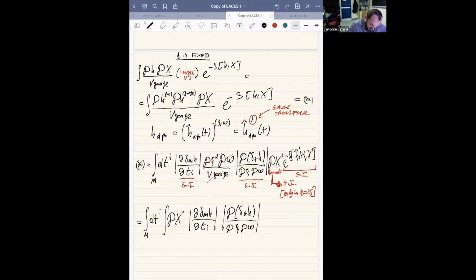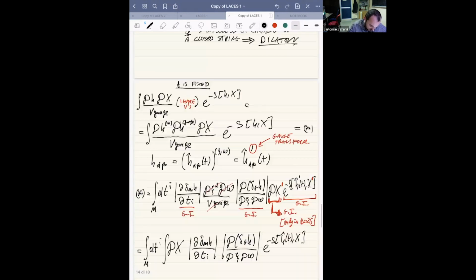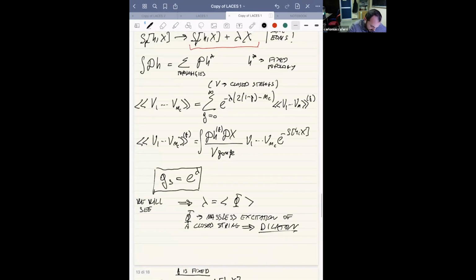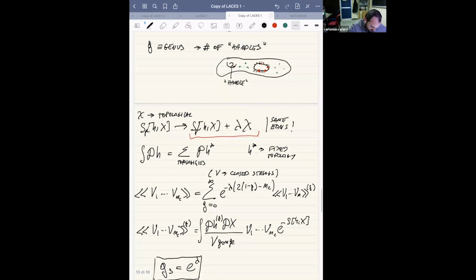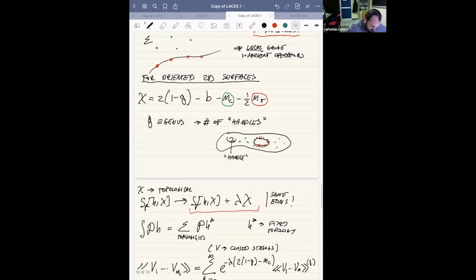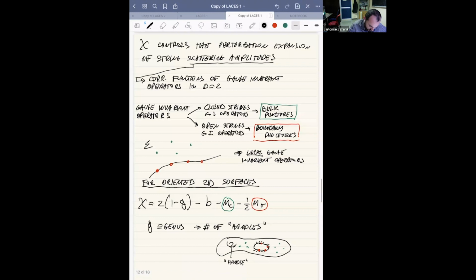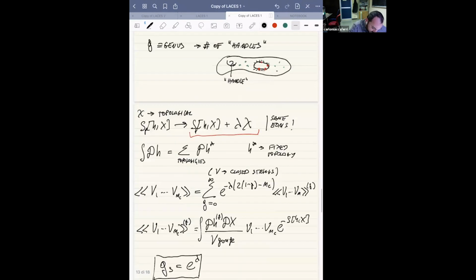And then the action. Where now you see what is the difference between the previous action that was completely gauge invariant, the action that we wrote at the very beginning, this Polyakov action, you know what I'm talking about, and this action here.